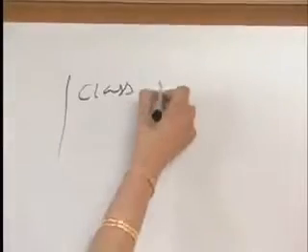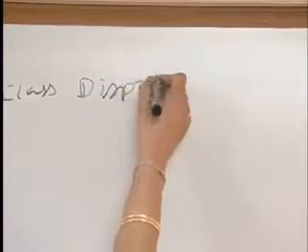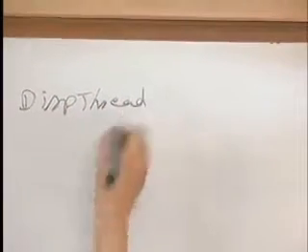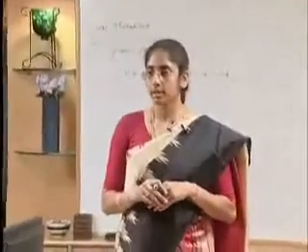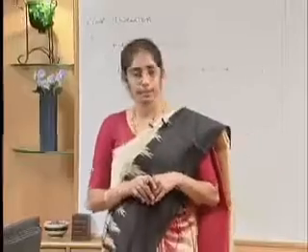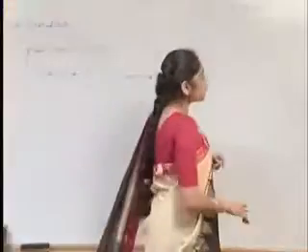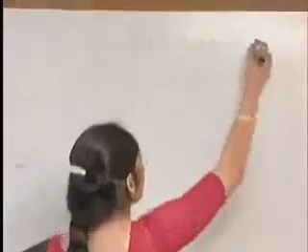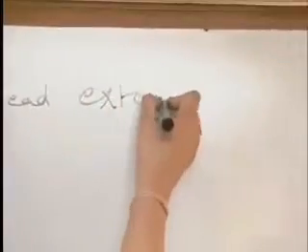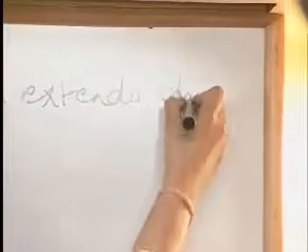We have a class DispThread. Let's follow the steps that we wrote. We are going to look at the first method, extending by the Thread class. The first method says extend a class from the Thread class. So we have a class which extends from Thread.